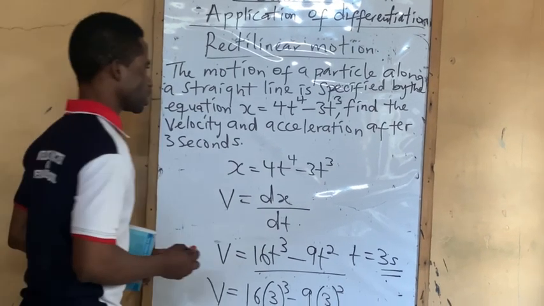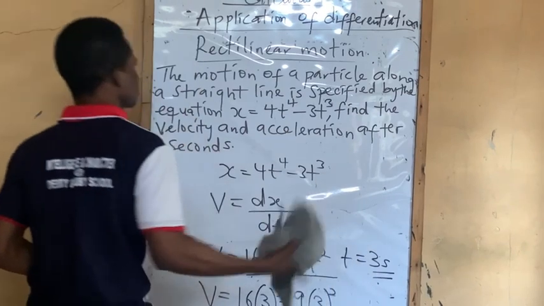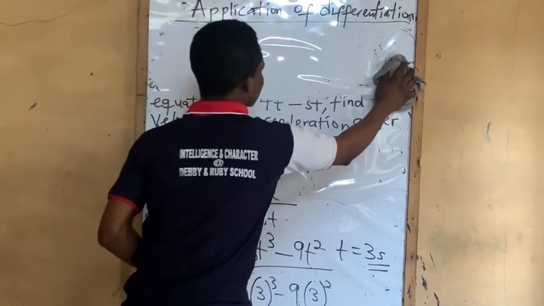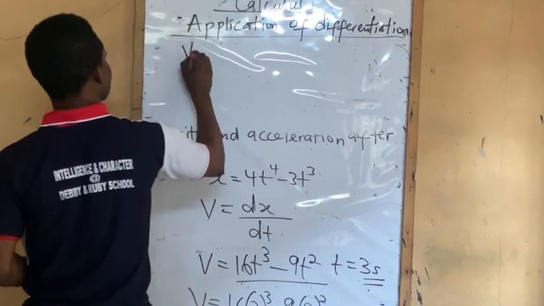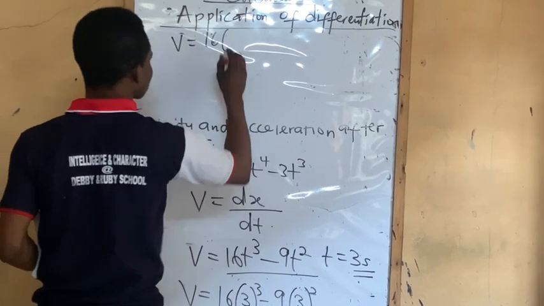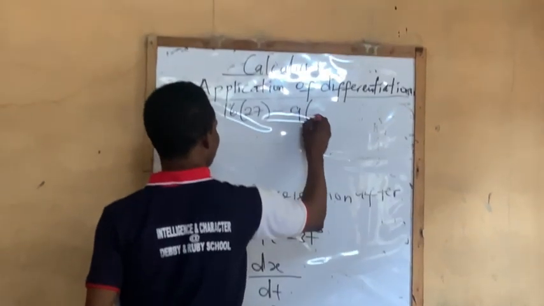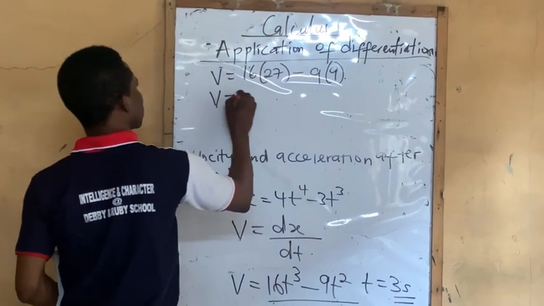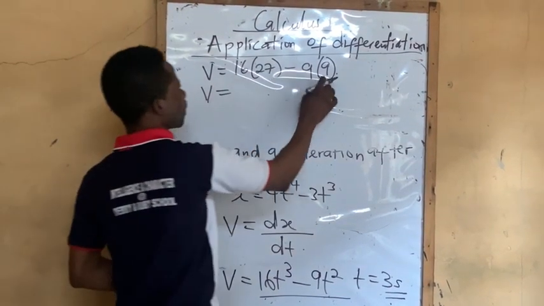That means the velocity is 16 times 3 raised to power 3, that is 27, minus 9 times 3 raised to power 2, that is 9. So we are going to multiply this together and multiply this together.